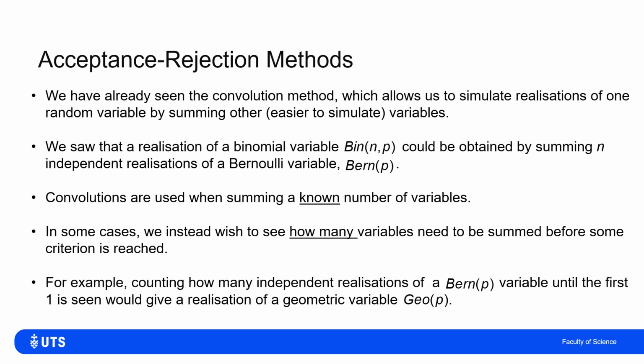So in general, a geometric of parameter p could be obtained by simulating a whole load of Bernoullis with parameter p, just looking through and counting how many of those I need to look at until I see the next one as opposed to a 0. And that's an acceptance-rejection method, because I either accept the addition of one more or I don't.